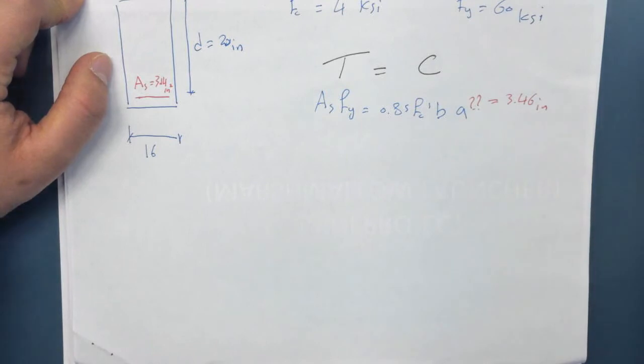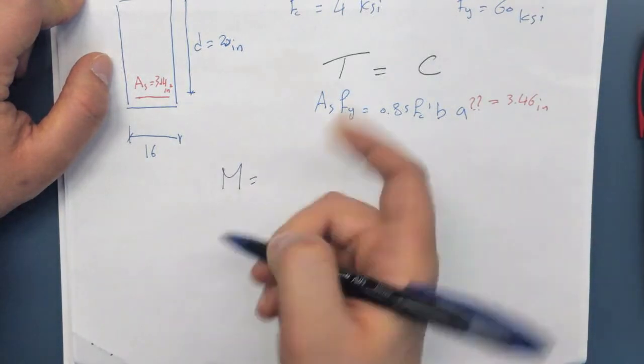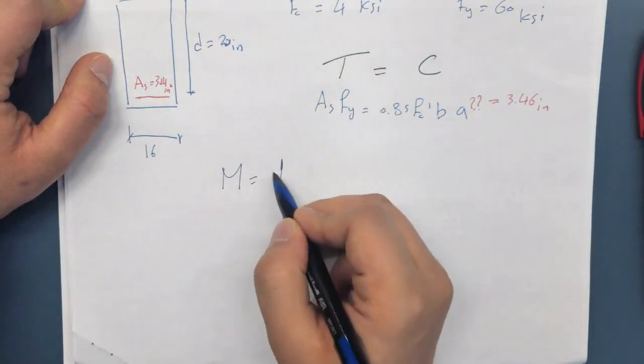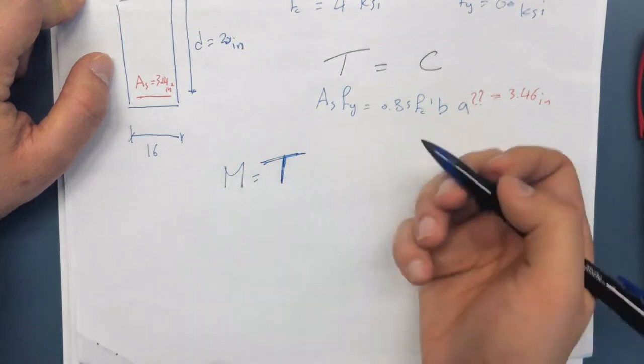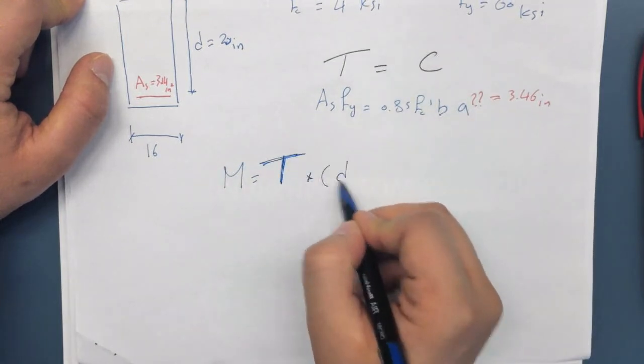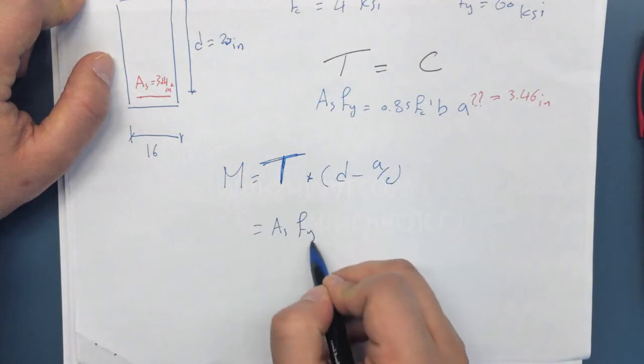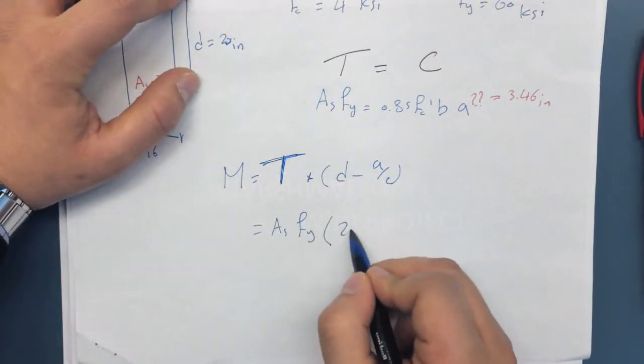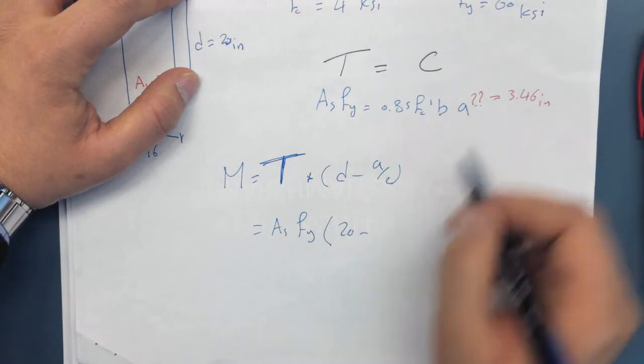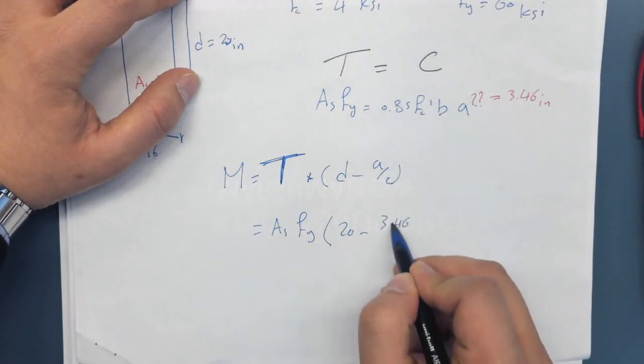And then jump straight into the second equation, which is M equal to either of those, so T or C. Again, I prefer to use T. It's much cleaner. Multiplied by d minus a over 2. So this is As multiplied by fy multiplied by the depth, which is 20, minus a, which is 3.46, over 2.